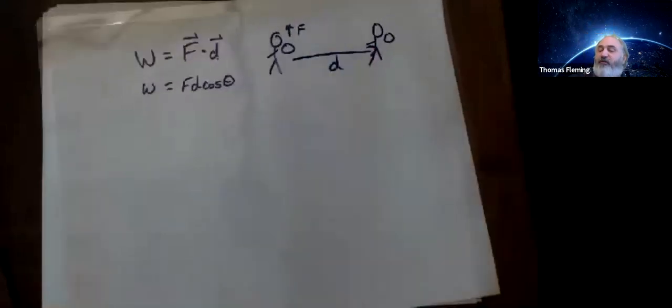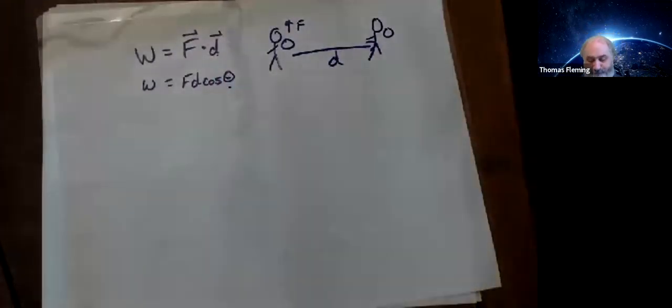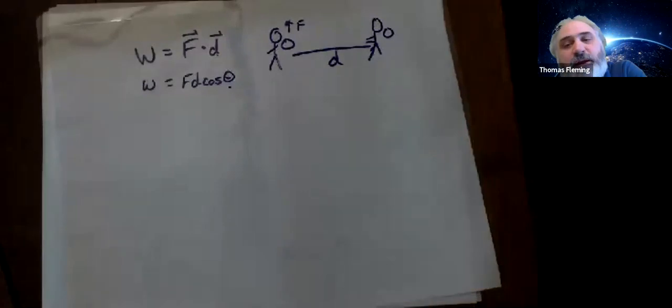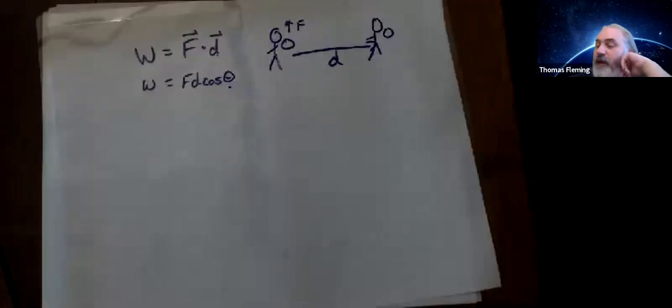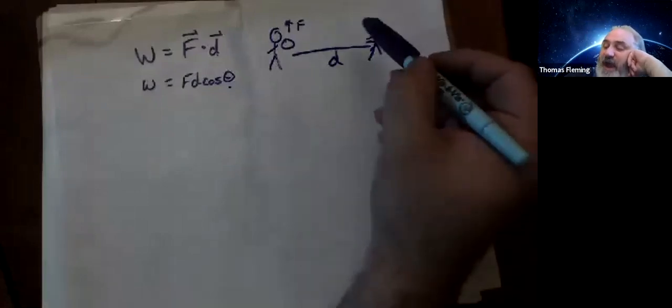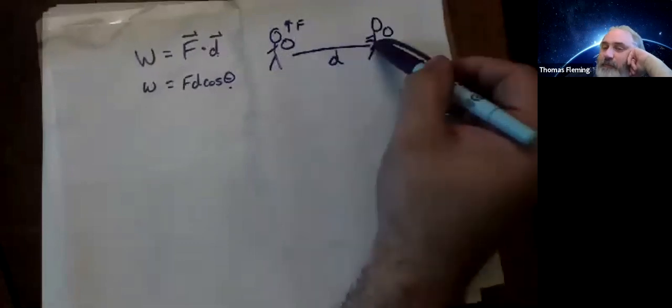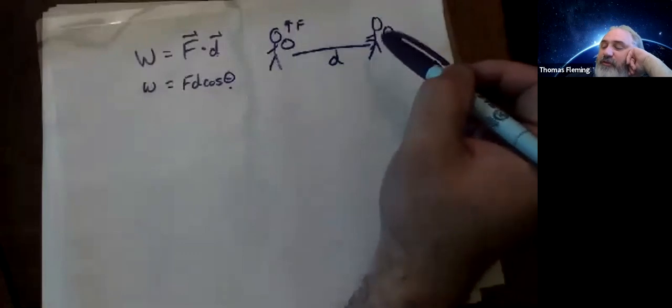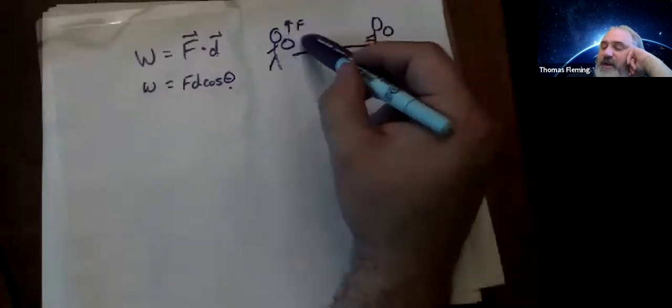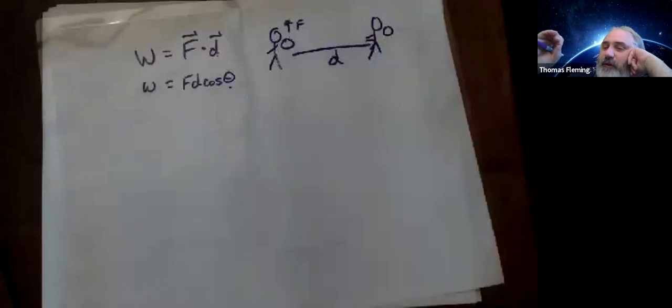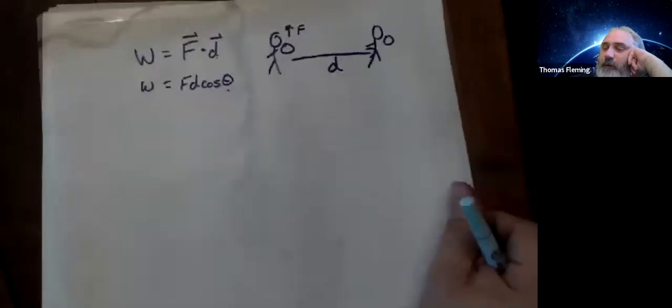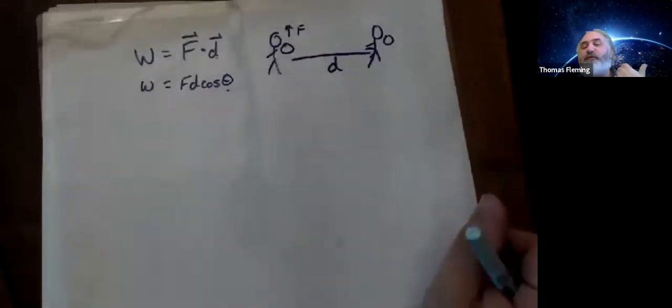But the problem is this cosine of theta part, because that cosine of theta part is the angle between F and D. And so even if I had you hold my bowling ball and walk at constant speed for a mile, you might be after the end of that mile feeling like, man, I'm really tired. But you will have done zero work because the cosine of the 90 degrees between those two forces is zero. You did zero work even though it feels like you're tired.